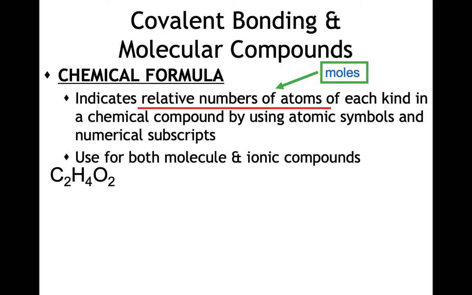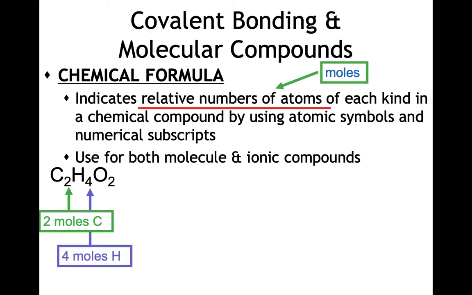Well, we know we have carbon, we have hydrogen, and we have oxygen within that compound. That is covalently bonded, by the way. It's 3 nonmetals. So in this one, if we have 1 mole of C2H4O2, within that, you have 2 moles of carbon, 4 moles of hydrogen, and 2 moles of oxygen.